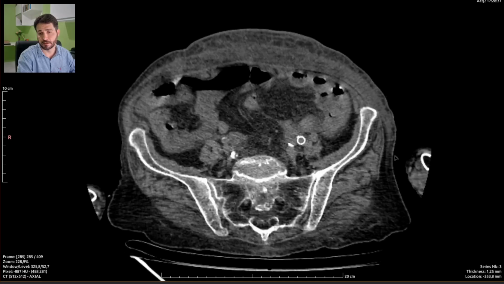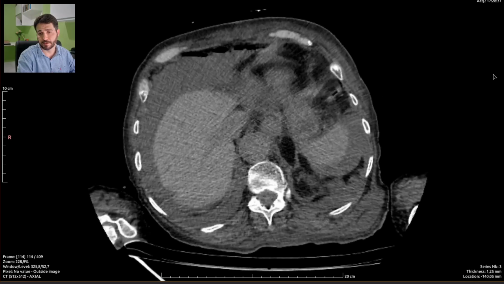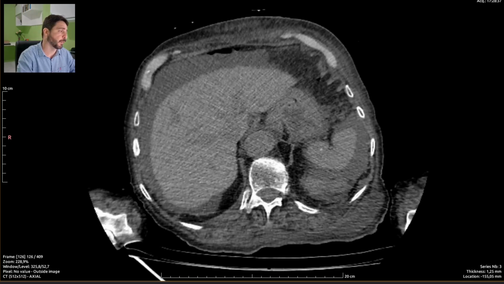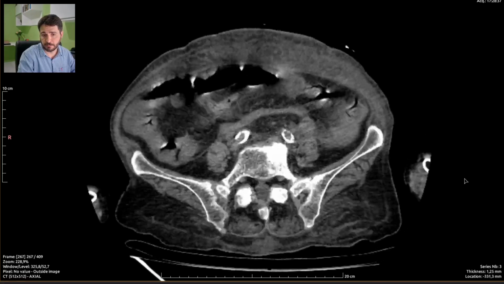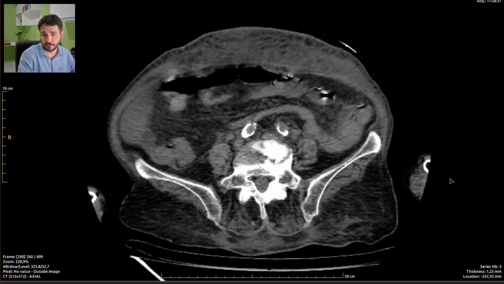So, there is an atrophic spleen. Tuberculosis of the colon, not that I can say.